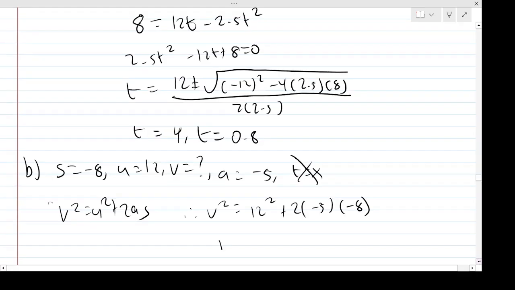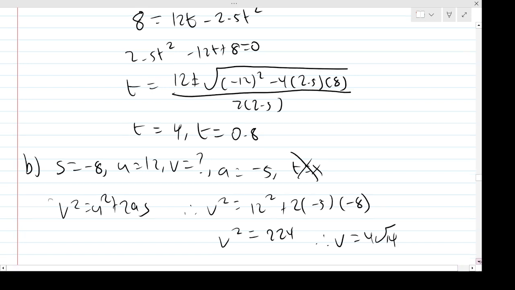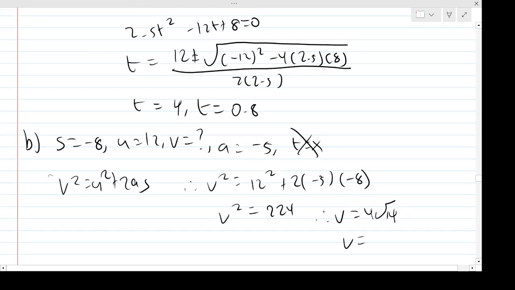If I put that in a calculator, I get 224. So therefore v, if I just root both sides, is 4 root 14, or as a decimal, 14.97 meters per second to 2 decimal places. Okay, so that is my answer.